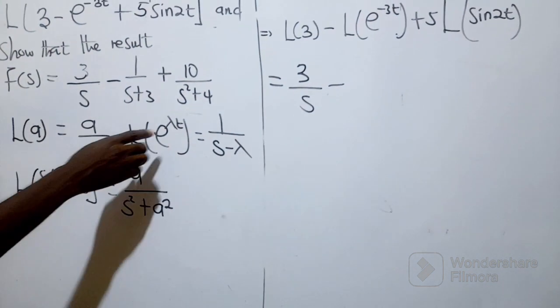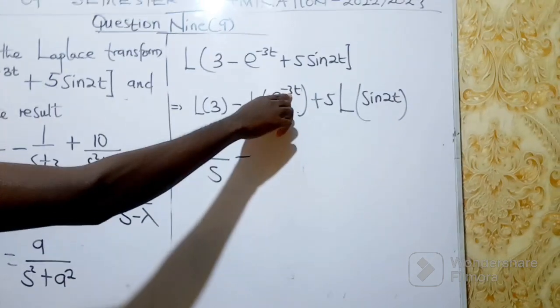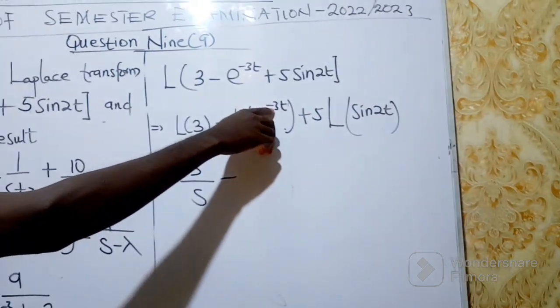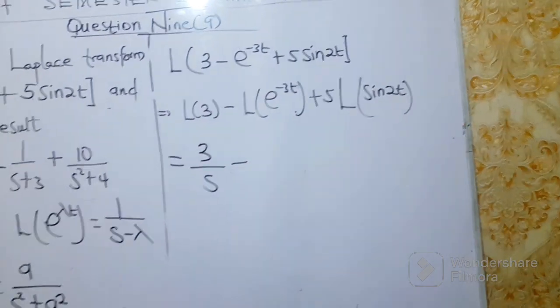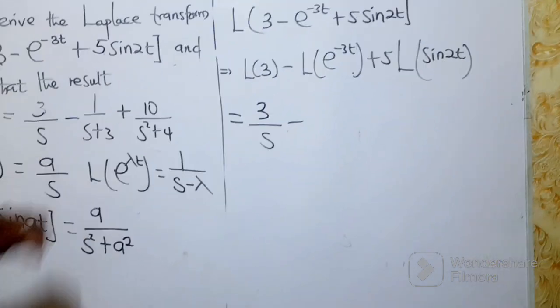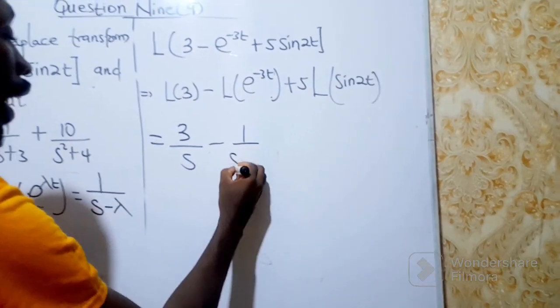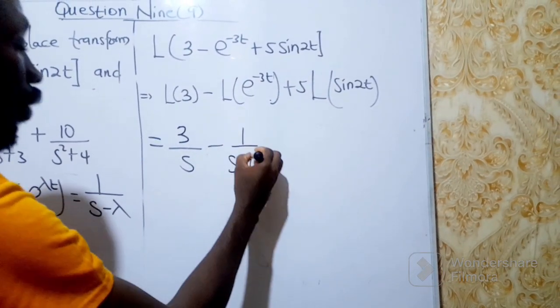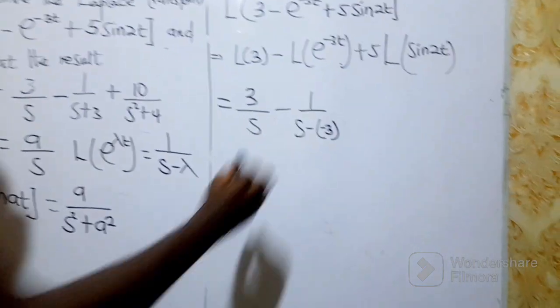So we can say that the coefficient of the variable t is negative 3. So the Laplace of e exponent negative 3t will be equal to 1 over s minus negative 3. I hope you get that. That's it.